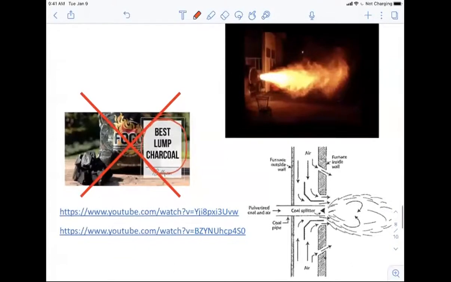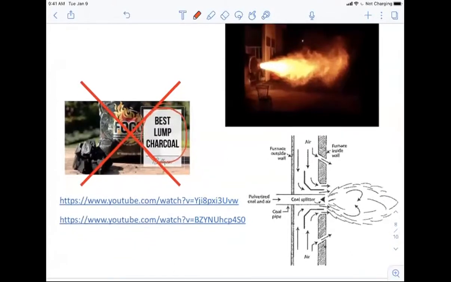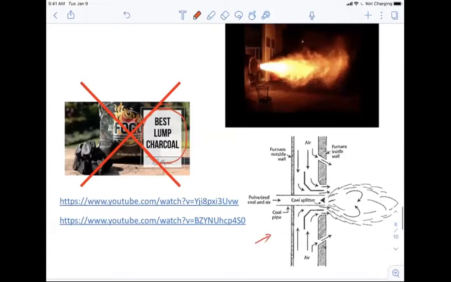All right. So if you look at how coal combustors are typically set up, you can look at this schematic diagram here, right? The pulverized coal is going to be carried by the air, right? So the coal is basically in the form of particles and is introduced into the combustor, right?